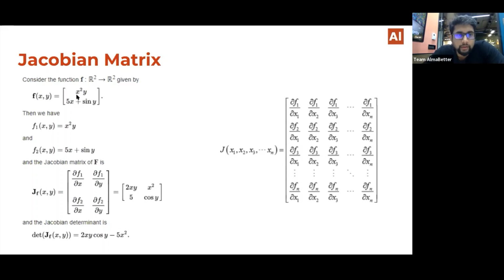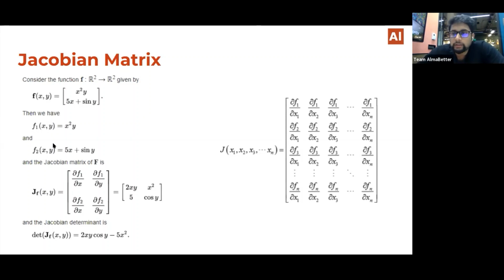The first function is x square y. The second function is x plus sine y. So two functions are there. This I can represent as f1, this as f2. So essentially you have a column vector with two functions, f1 and f2.